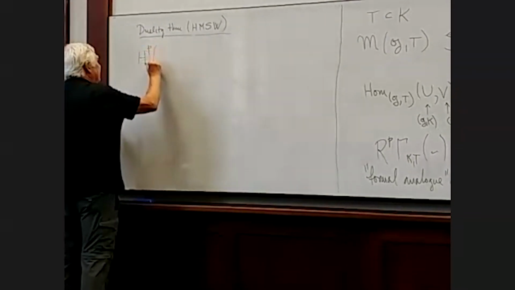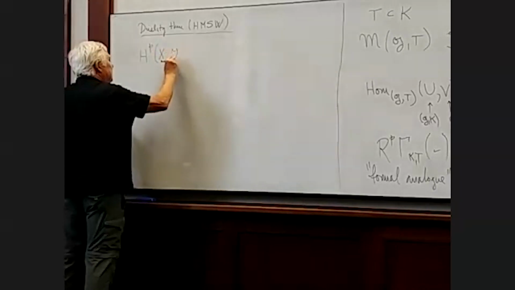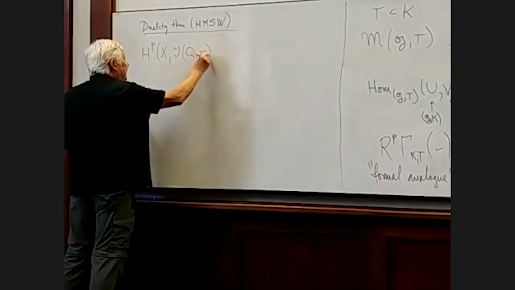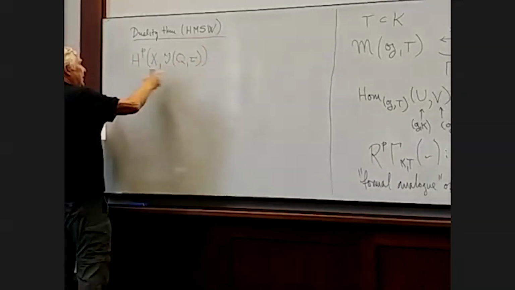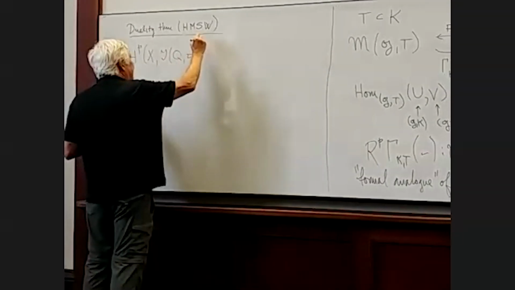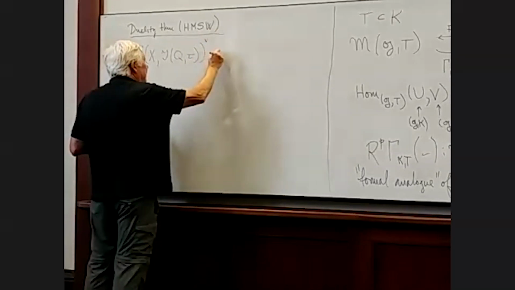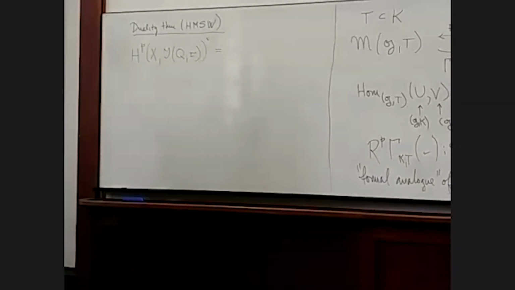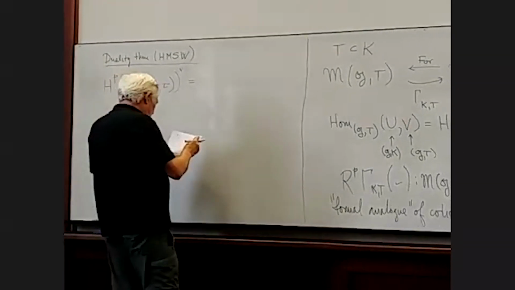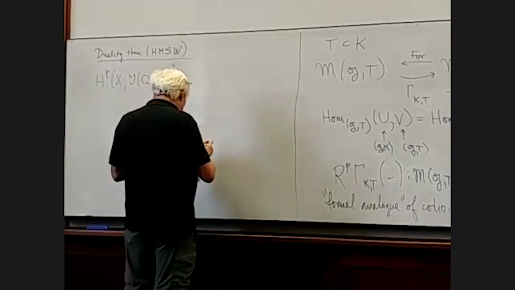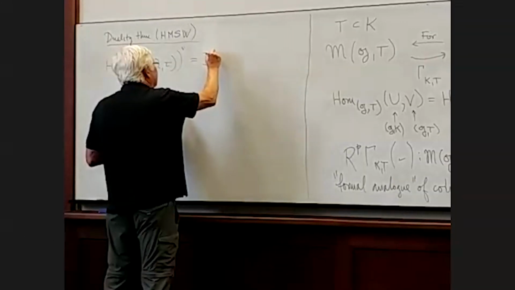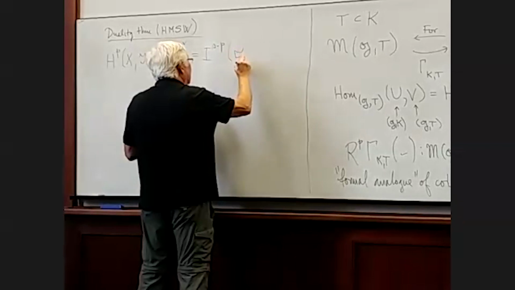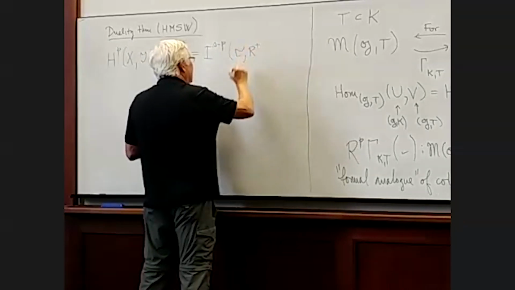of standard Harish-Chandra sheaves. So Q is an orbit, tau is a connection. We take cohomology of this on X, and we take the Harish-Chandra dual. This is why there is duality in the name, and this is equal to S minus P, C, R plus.